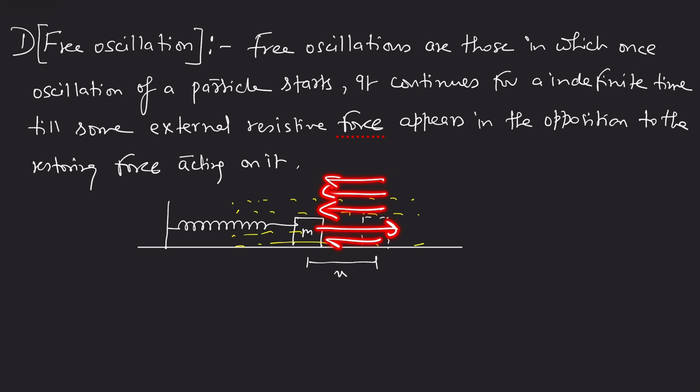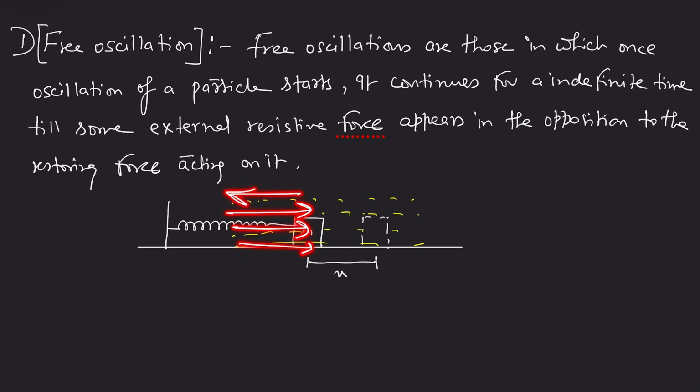So there is some negative work being done, a form of frictional force, which takes energy from the system in the form of heat loss and sound energy loss. When it goes back this side, the force will act in this direction again, and it will take energy again from the system. When it is coming back this side, the resistive force will act in this direction, and again it will lose energy.